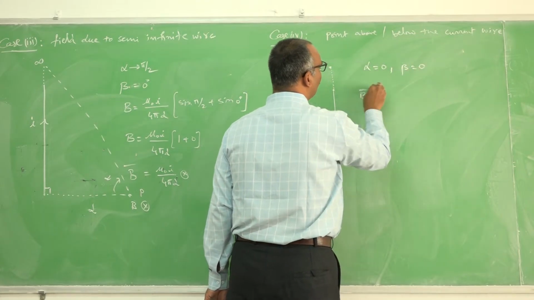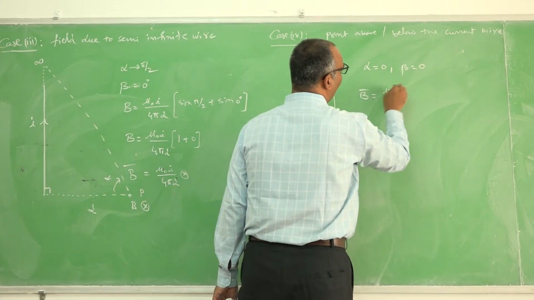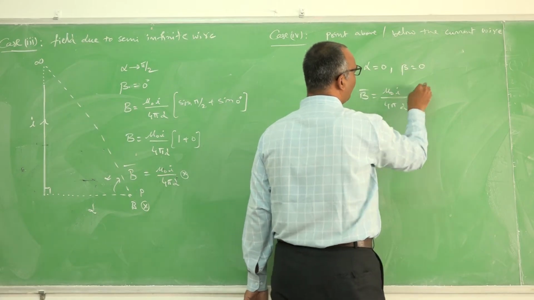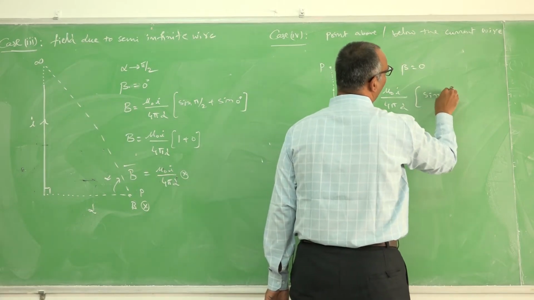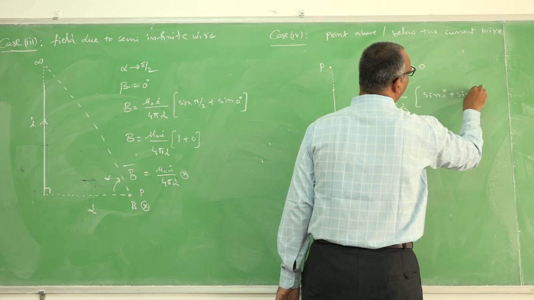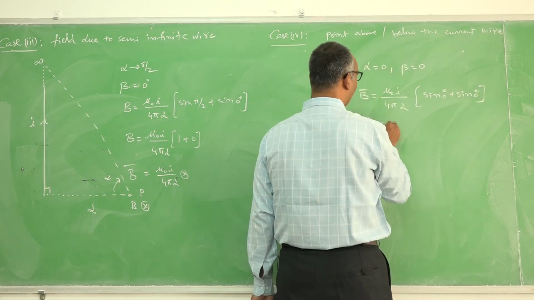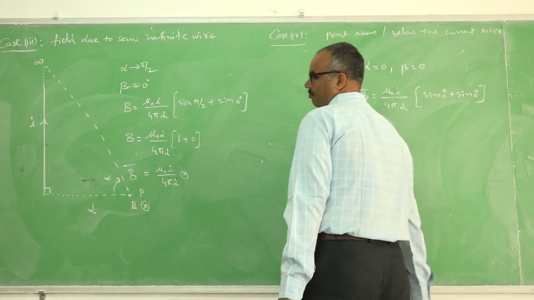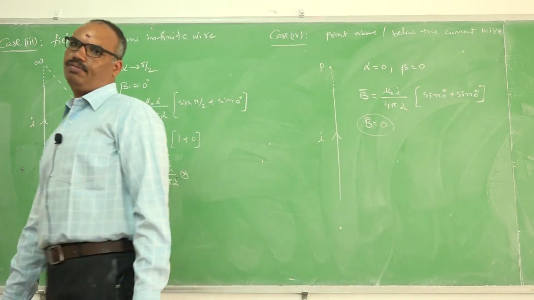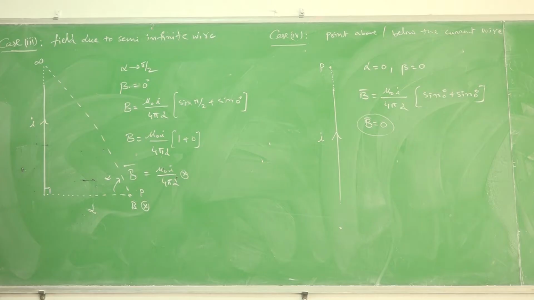Then B is equal to mu naught I by 4 pi d into sin 0 plus sin 0. Sin 0 is 0. 0 into something is 0. So finally magnetic field is 0. So this is the conclusion from the earlier discussion.